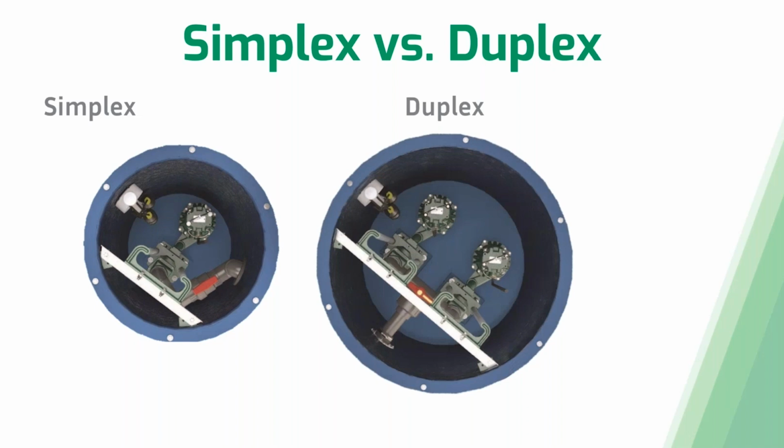Then you have duplex systems. Duplex systems are made up of two pumps. The whole idea behind a duplex station is that you have that extra pump to share the load with your other pump. So typically you're going to have these pumps alternate anytime the system is called to run, so you're sharing the load there.